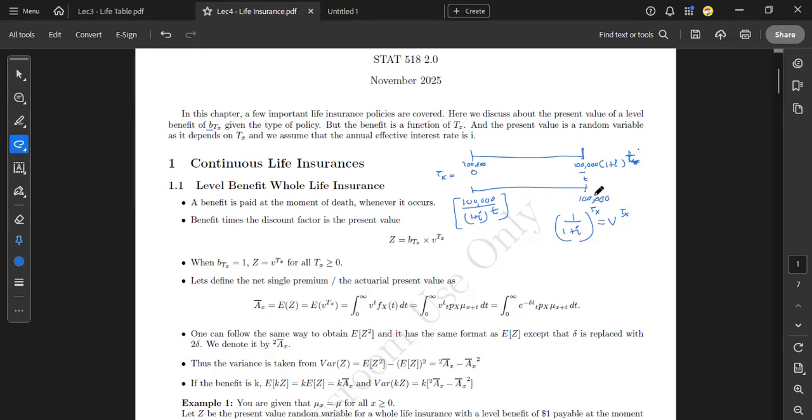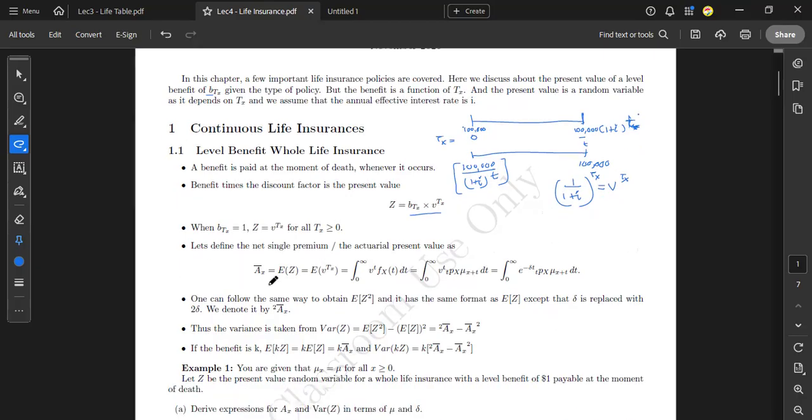That means the benefit is 100,000, which is b_t(x), and 1 over (1+i) to the power t(x) is the present value random variable. That means the present value of the insurance is the multiplication of these two. So that's the concept, and we use the same concept for different types of insurance schemes in this chapter.